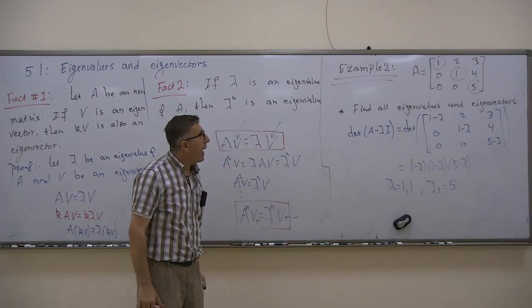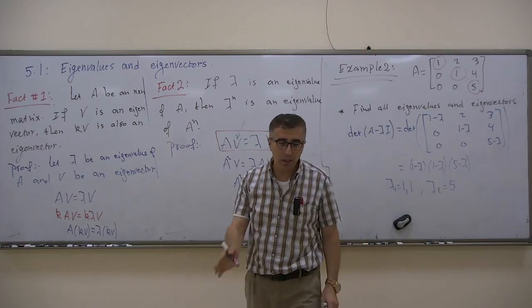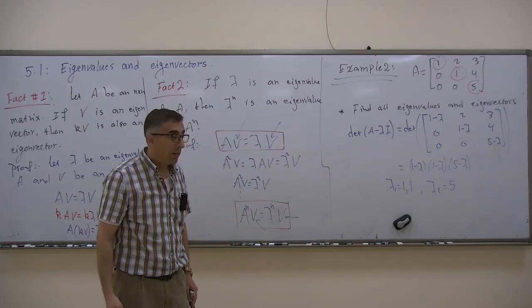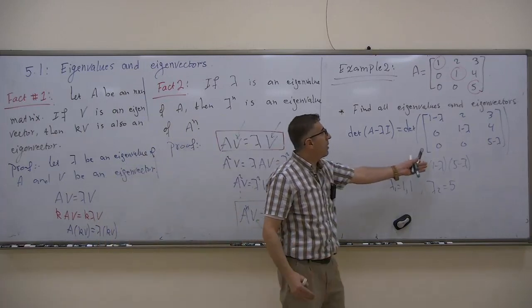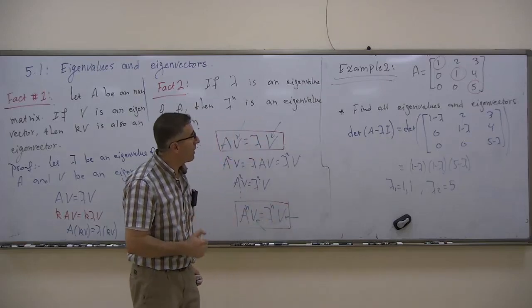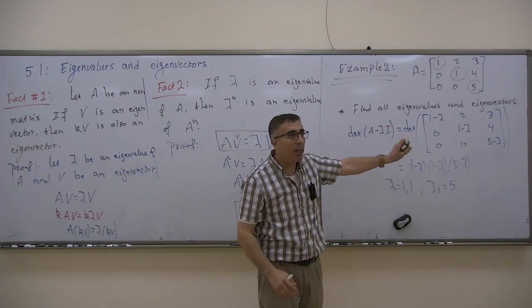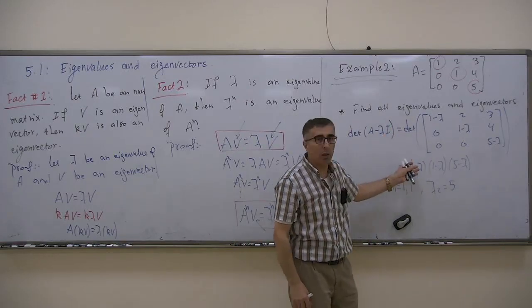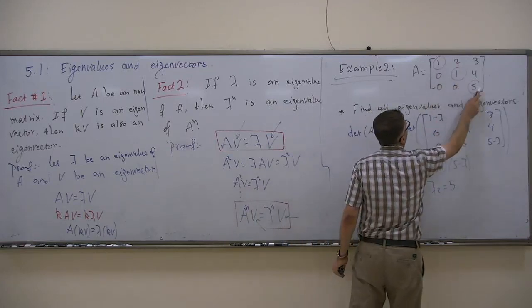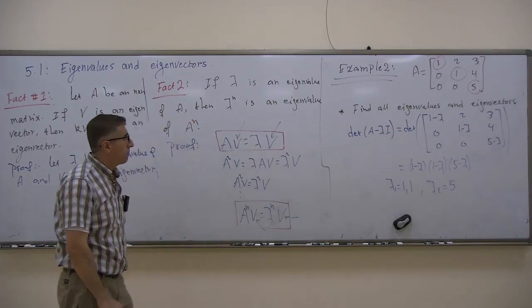If we have a triangular matrix, then the eigenvalues are going to be the elements along the diagonal. Correct? And that is easy to prove in general, not only in this example. And that's very easy. You don't need to do all this work. So from now on, if you have a triangular matrix, right away you see the eigenvalues. Okay? Keep it in mind.